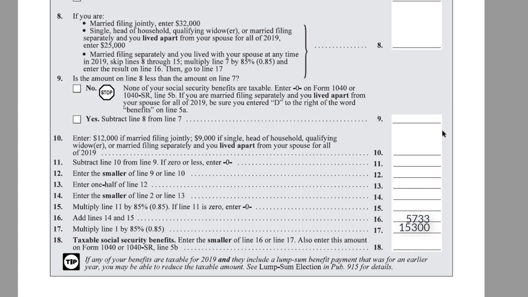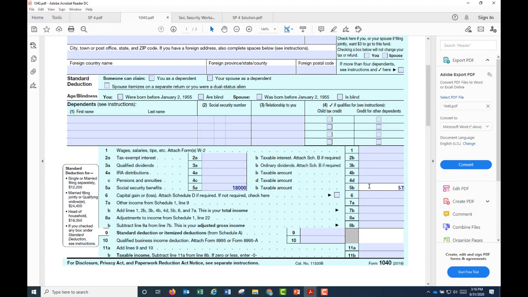Now, I didn't go over these lines, but you can do that on your own. Basically, it does the calculation using the formula, but in the form of instructional lines on this worksheet. Line 18, 5,733. It says enter this amount on line 5B of Form 1040. So I enter 5733 here on line 5B.